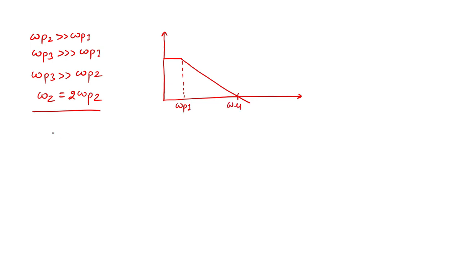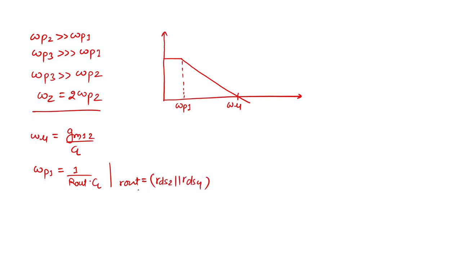Omega u, because omega u is also some big number, is gm12/CL. Omega P1 is 1/(Rout·CL), where Rout is equal to RDS2 parallel RDS4, so this is a big number, hence omega P1 is very small.